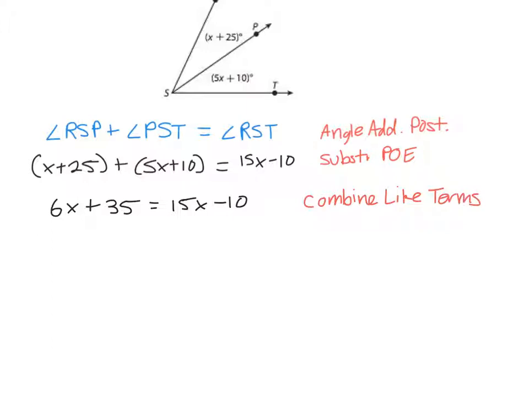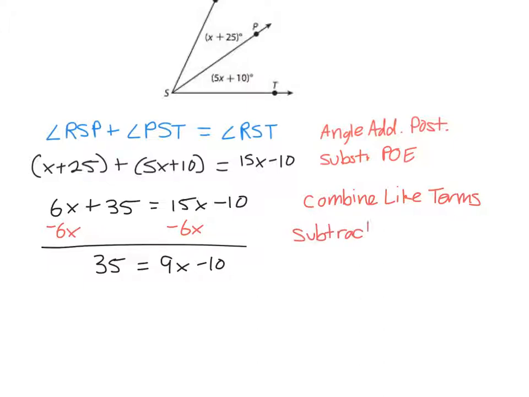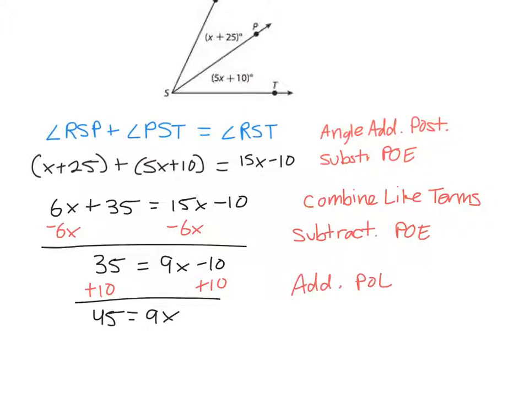Okay, so now you know that our next step, if we were solving this equation, would be to subtract 6x from each side. So we get 35 equals 9x minus 10, and it has a reason. This would be the subtraction property of equality. And then I would add 10 on both sides, which would be the addition property of equality.